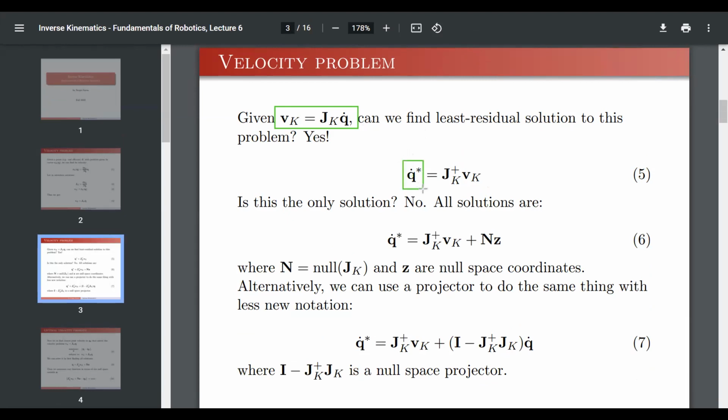The solution would be J pseudo-inverse times V. We derived this formula last time, using the idea of defining the residual, taking the norm of the residual, and minimizing it. It is the same as squaring the norm. Then we open the brackets, take the partial derivative, set it to 0, and we get the expression which we defined as the pseudo-inverse. Okay, this was the process from last time.